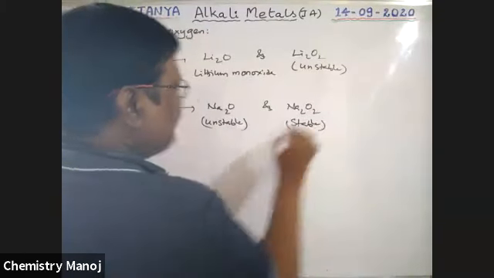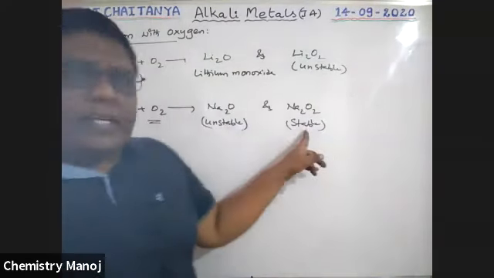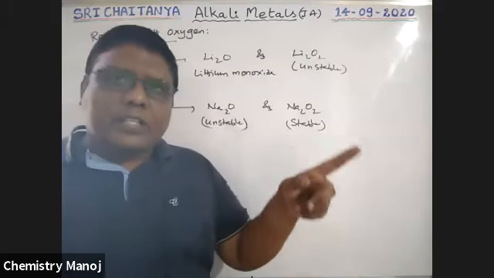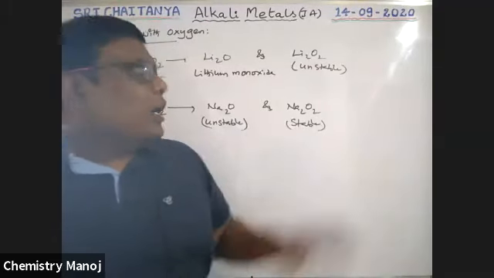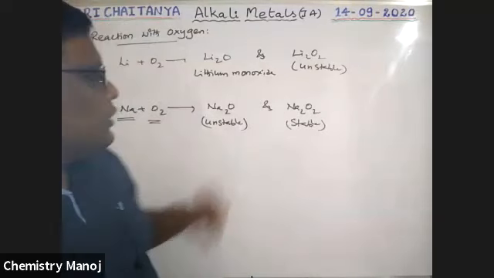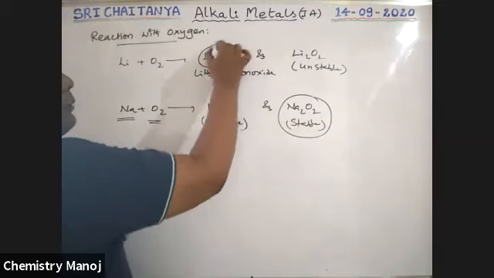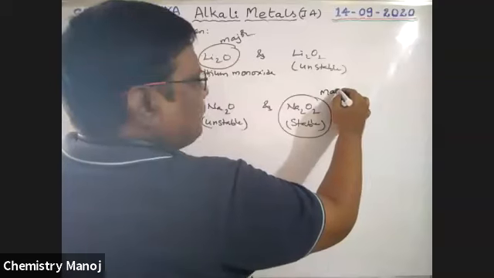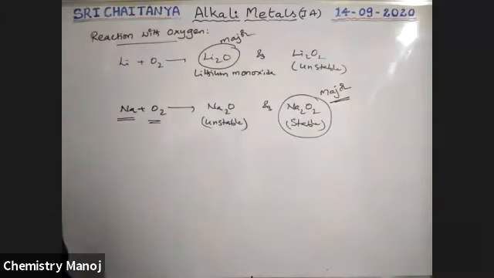That means when sodium reacts with oxygen, peroxide is the major product and oxide is the minor product. When lithium reacts with oxygen, monoxide is the major product and peroxide is the minor product. Peroxide is almost negligible, but a little is possible. So these are the major products.